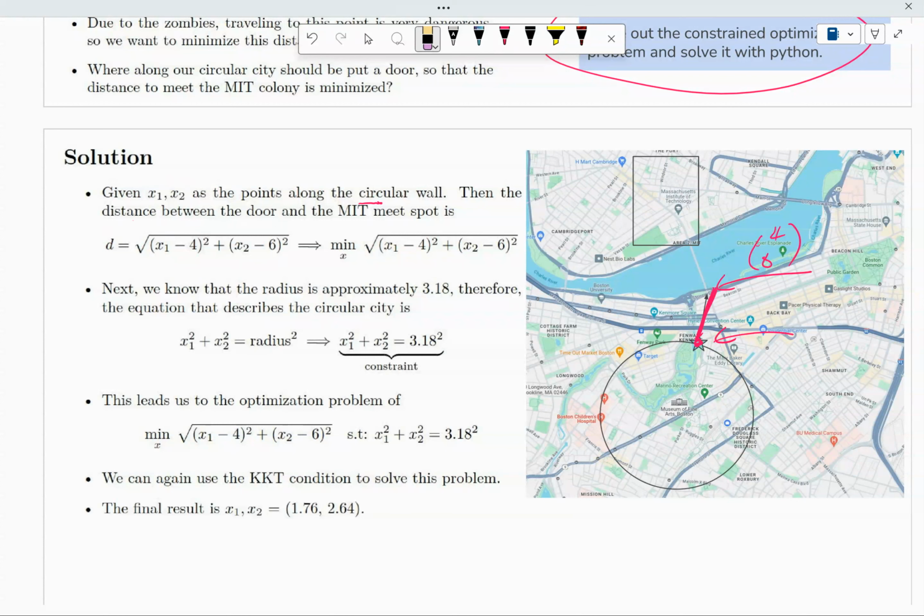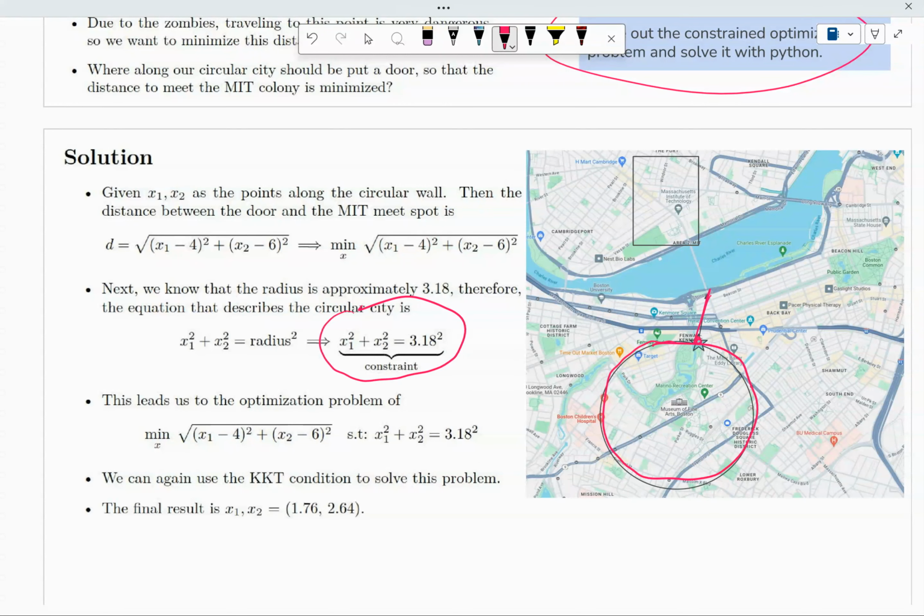Therefore, we want to find x1 and x2 that minimize this distance. However, this x1 and x2 can't be any point. It has to be along a circle. Now that we know the radius is approximately 3.18, the equation that describes the circle is x1 squared plus x2 squared is equal to the radius squared.